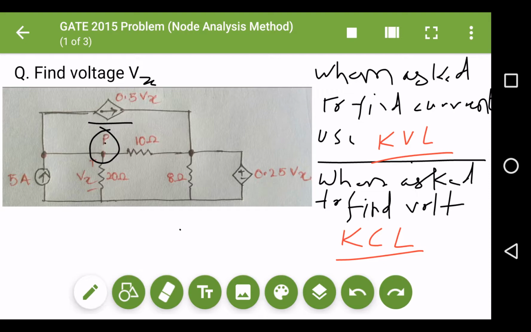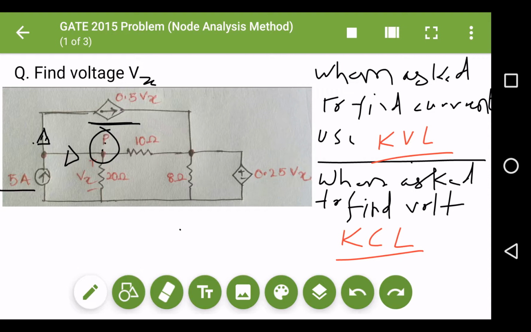The junction at which this branch cuts is called the P junction. So with respect to P, the 0.5 Vx current is flowing outward. The 5 ampere current is coming towards the junction P.